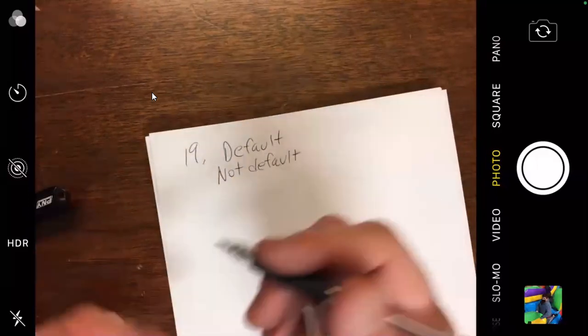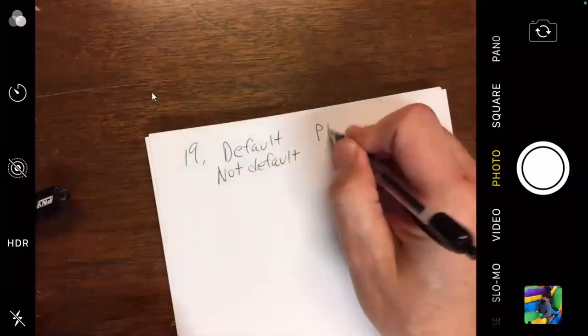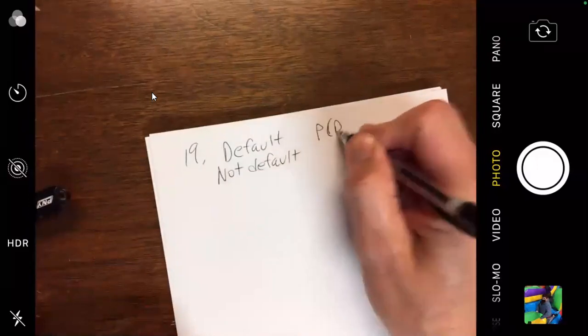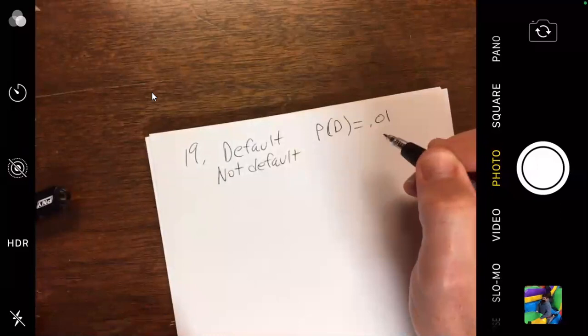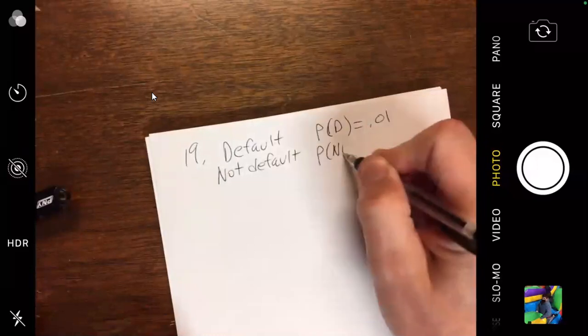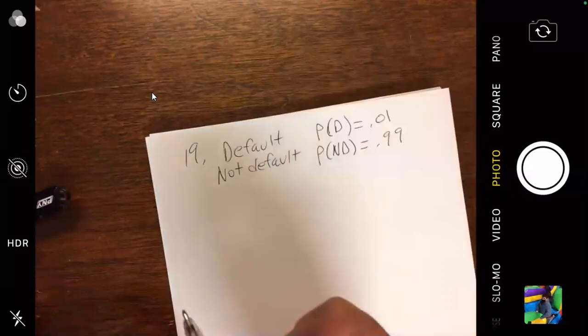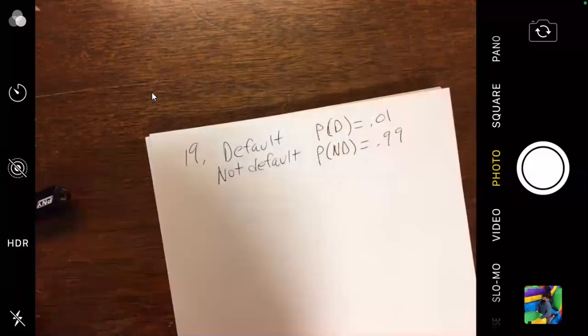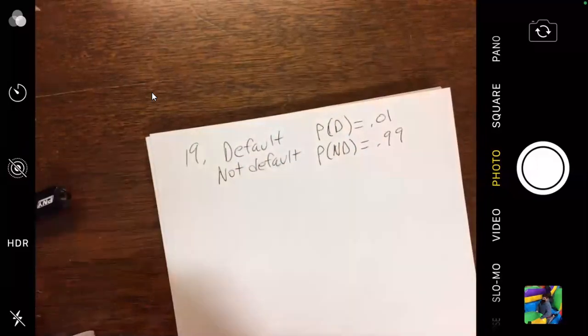Good standing. All right, and we know the probability of a default, shorten it up to D for default, is 0.01. So I'll use ND for not default. Can you tell that's 0.99, the complement? Yes. Okay.